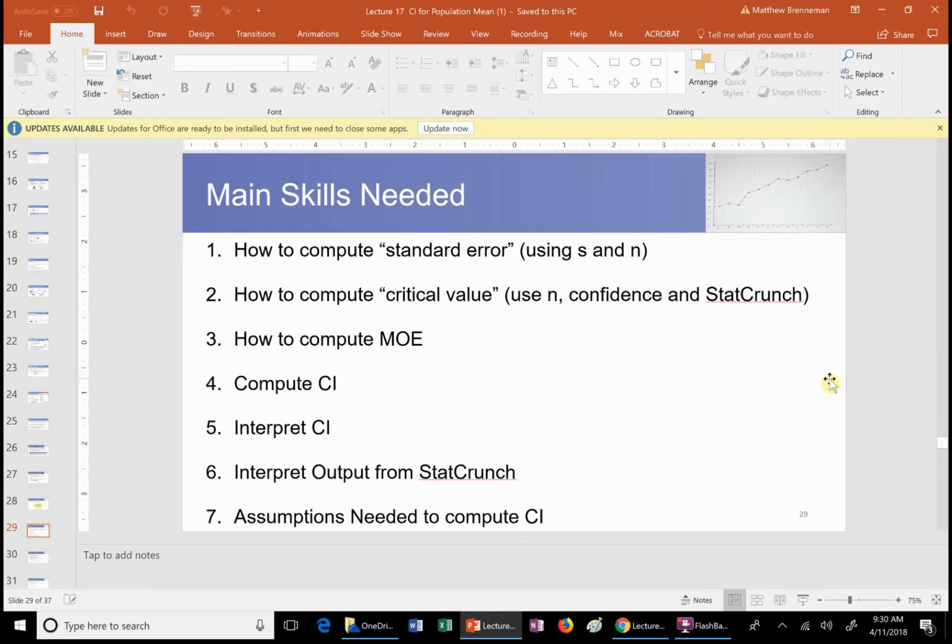So these are the basic skills that we need to do. We need to be able to compute the standard error, which we said was the estimate for the standard deviation of x bar. And the way we compute it is we take the sample standard deviation s and divide it by the square root of n. The critical value, which we're going to have to use the z-scores and the confidence.